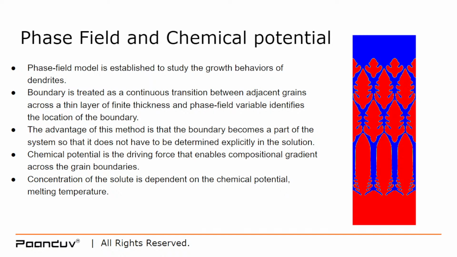Chemical potential is a driving force that enables a compositional gradient across the grain boundaries. For example, if you have nickel inside your alloy and you want to understand how the composition of the nickel changes as the dendrites are formed, this is a variable that can be used to understand such phenomena.